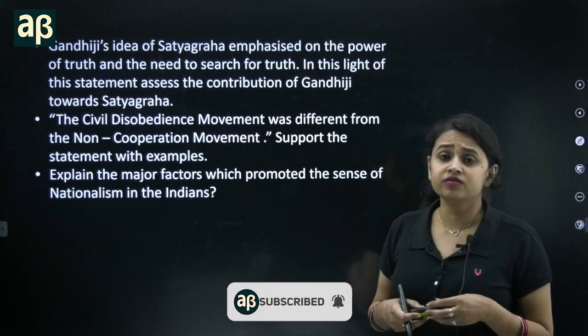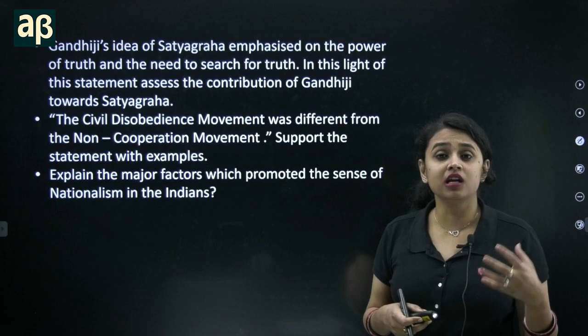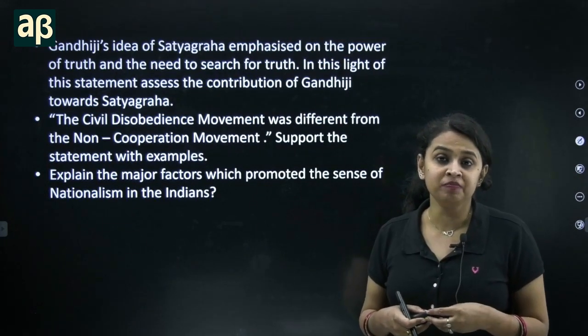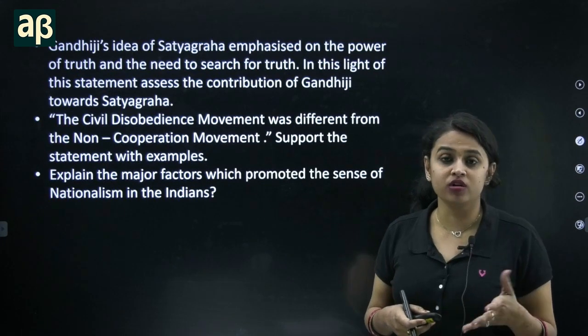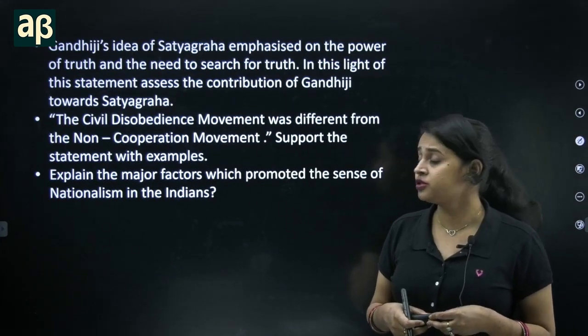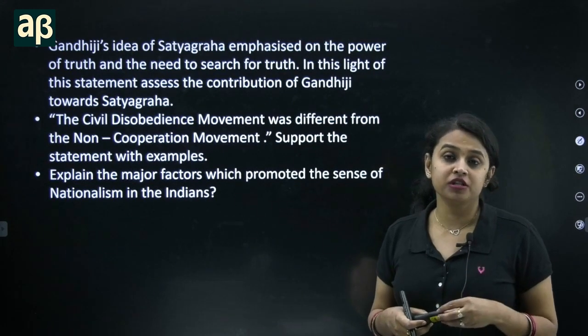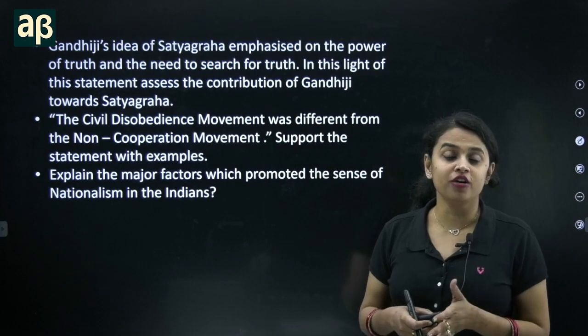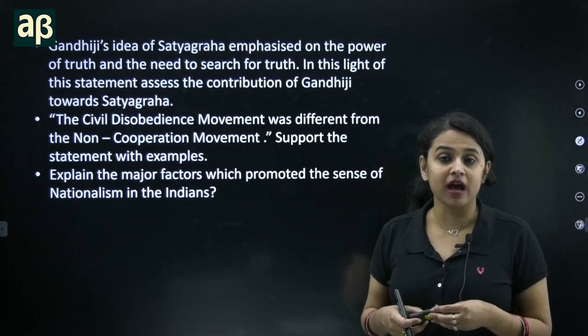Whereas if we talk about the non-cooperation movement, here we see that mostly we find industrialists and wealthy people taking part, or giving their contribution, supporting this movement. Then the non-cooperation movement was called off because of the Chauri Chaura incident, and the civil disobedience movement was called off because of the Gandhi-Irwin Pact.